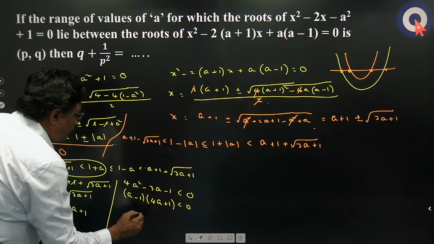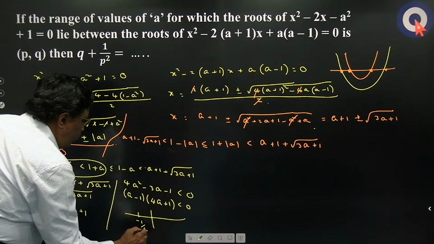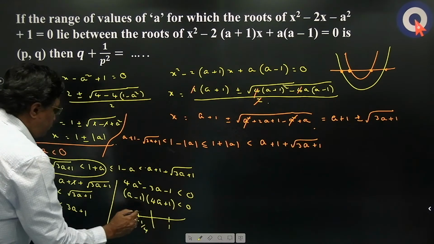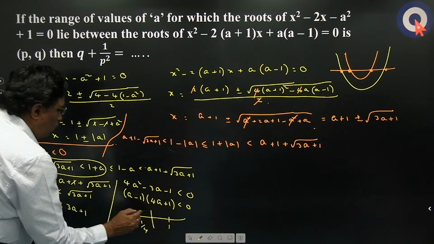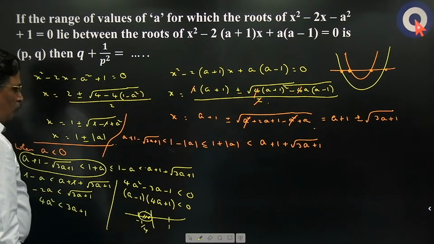So that means a lies between minus 1 by 4 and 1, but we are saying that a is less than 0, so therefore only this portion, minus 1 by 4 to 0, we shall consider.